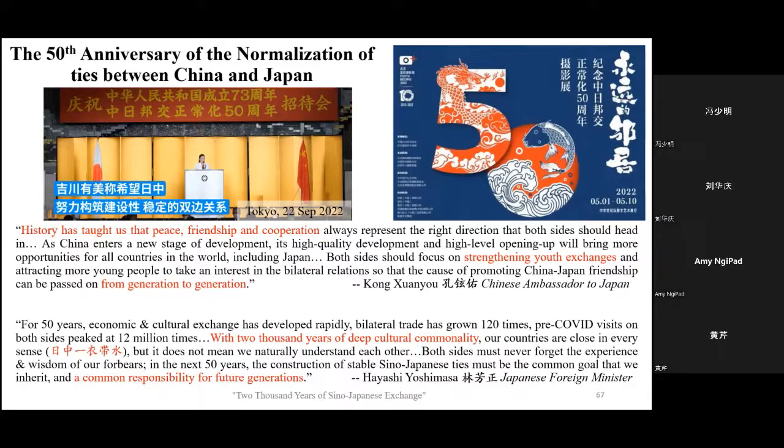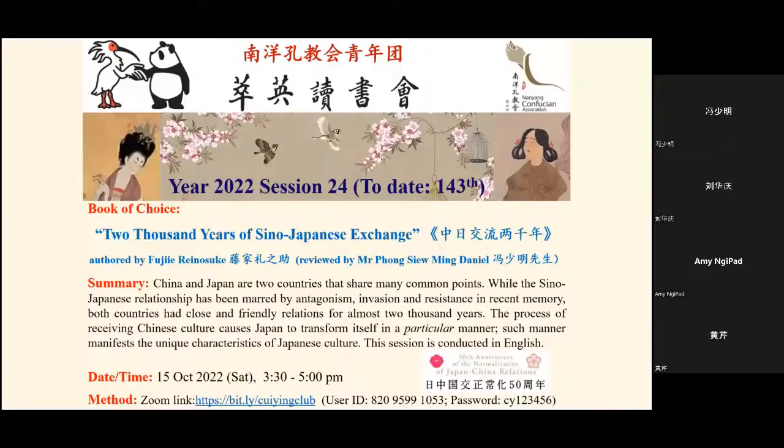And in turn, Hayashi Yoshimasa, the Japanese foreign minister, acknowledges the 2,000 years of deep cultural commonality and the responsibility for future generations. So with this, I end today's session on 2,000 years of Sino-Japanese exchange. I hope I've tried my best to squeeze 2,000 years into 1.5 hours. And thank you very much.